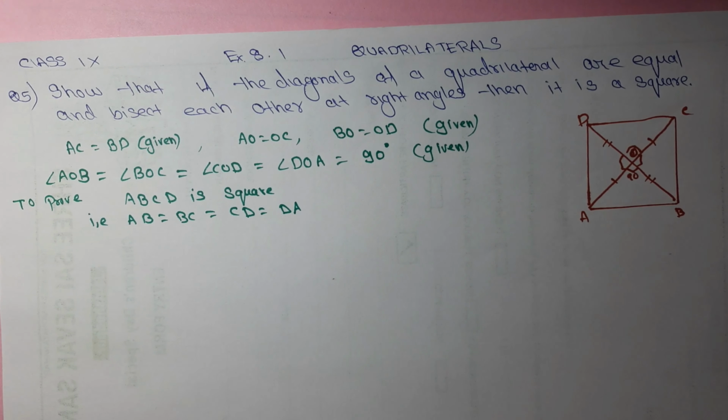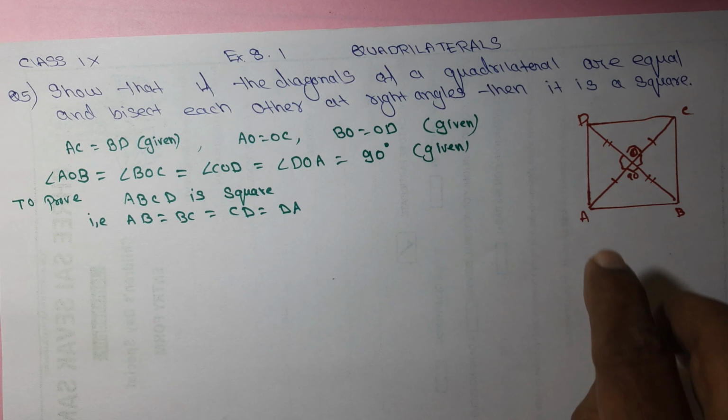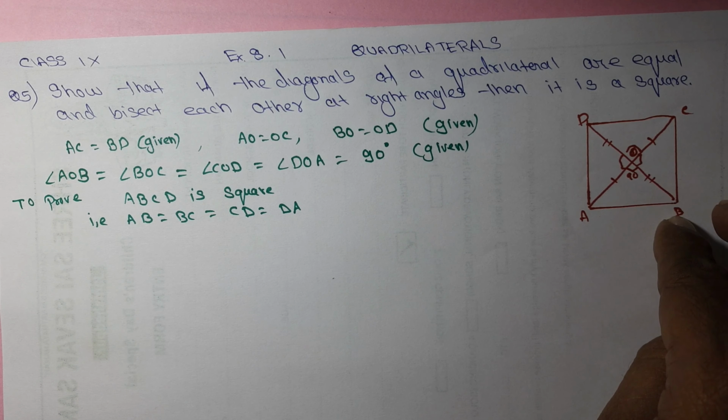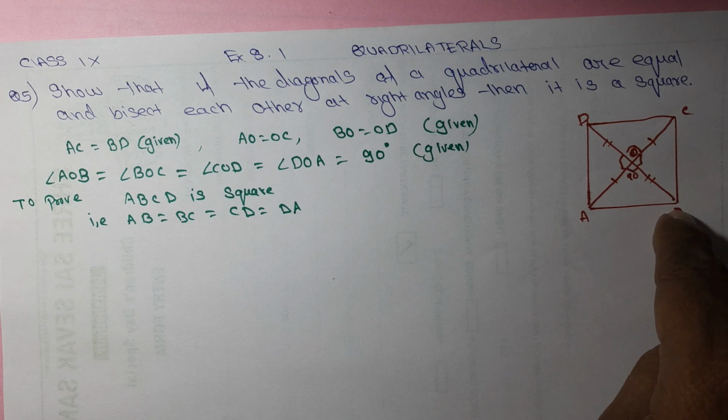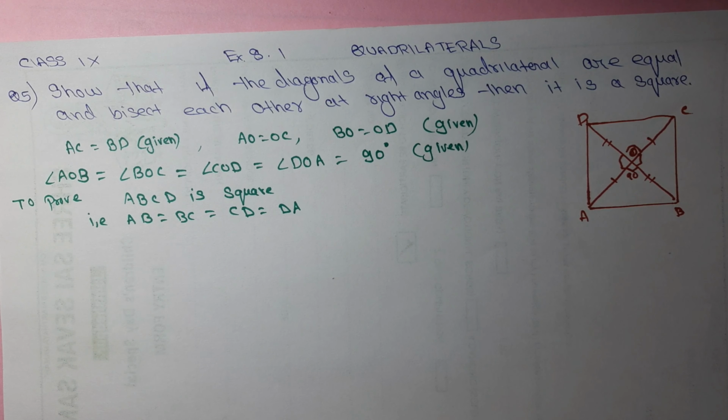Okay. Now we will take two triangles. Any two triangles. Two triangles with common base we will see. We will take two triangles which are having common base. What are the two triangles? AOB and BOC we will take.